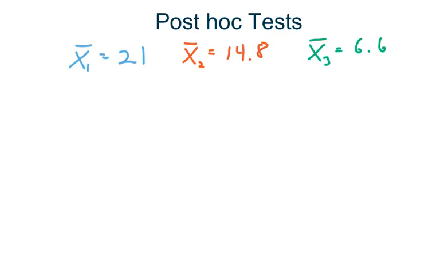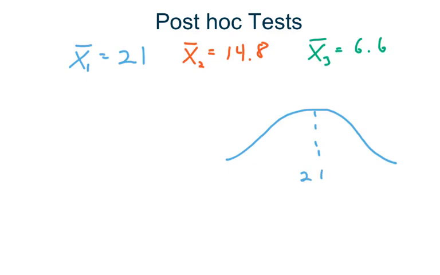So, post hoc test. Post hoc means after the fact. After we get a significant ANOVA, we can then go in and dig a little bit deeper and find out where those differences lie. On the screen here, I've shown you the means of the three groups. This was the homework that was required, with a mean of 21.